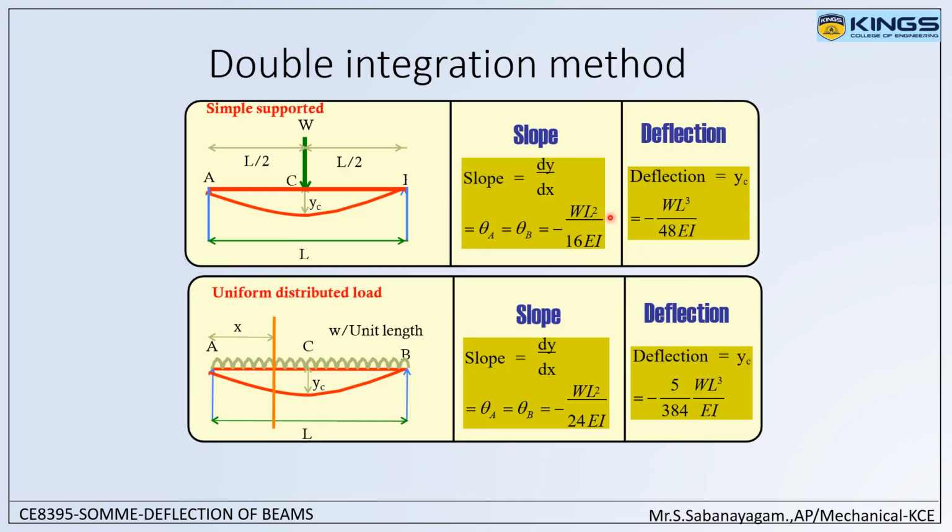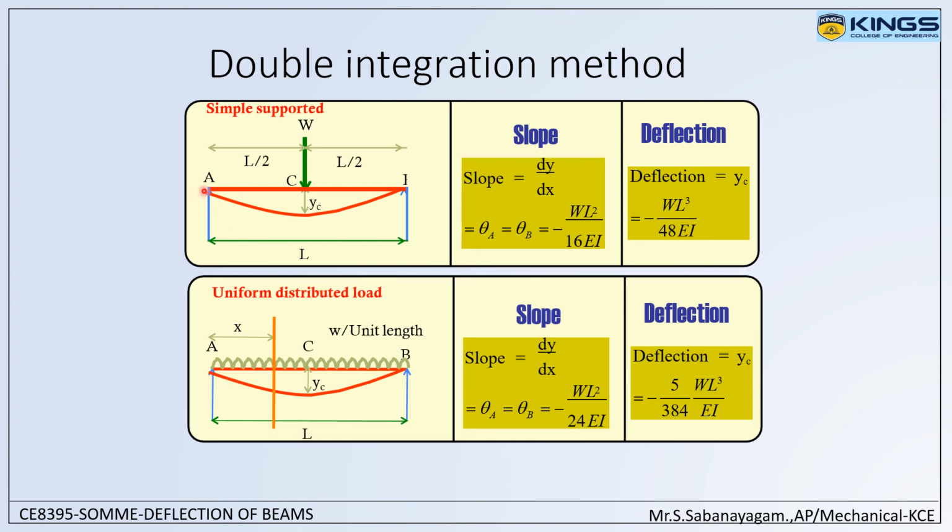So by this double integration method, we find the slope and deflection of a simply supported beam with a point load and then uniformly distributed load in the beam, right? So this is a simply supported beam, which means at its two ends there will be a support with a point load at its center. Then the slope to find is dy by dx. Theta A is equal to theta B, which is equal to minus WL square by 16EI.